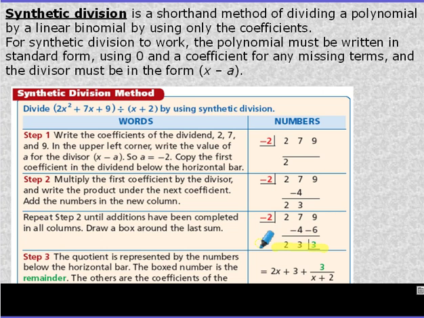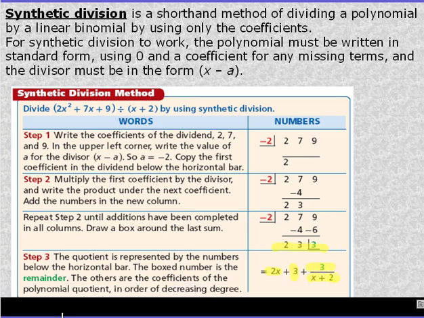But in this case, we only have a constant, and then the 2 goes in front of x. The 3 is our remainder, so it's going to be written as 2x plus 3 over x plus 2, and then you're done. So this last number here is your remainder, and that would be the answer to that division problem. That's the procedure, so we're going to go through a few examples.